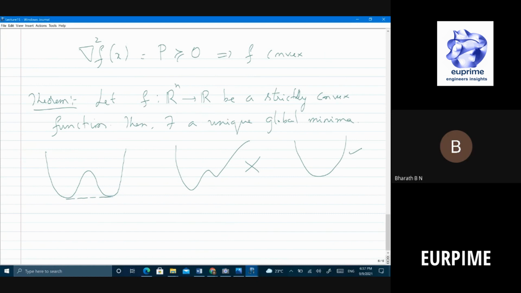If you see this kind of mathematical problem, what is the first thing that comes to your mind? How will you prove that there cannot be more than one minimum? Explicitly show somehow, right?